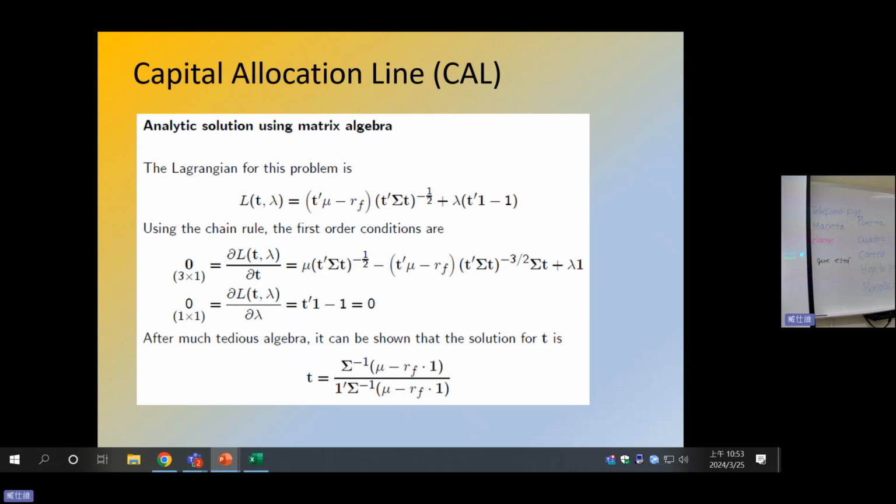Plug the numbers into the equation, then we'll get the tangency portfolio weighting. So the first question is sigma inverse times (mu minus rf times 1). Okay, so how to do that? So mu, what does mu mean here?